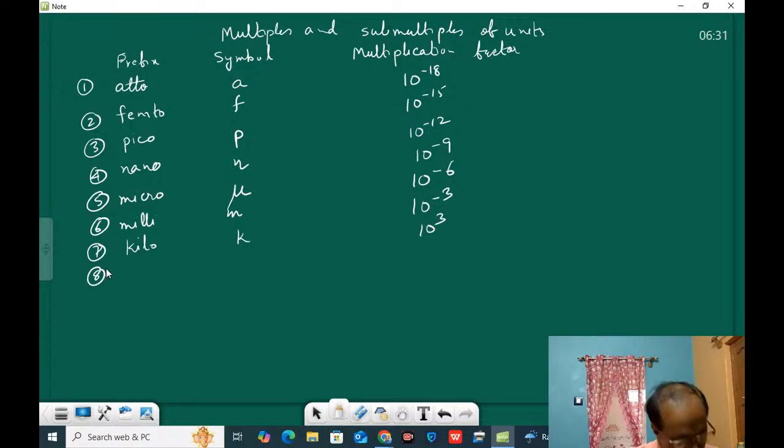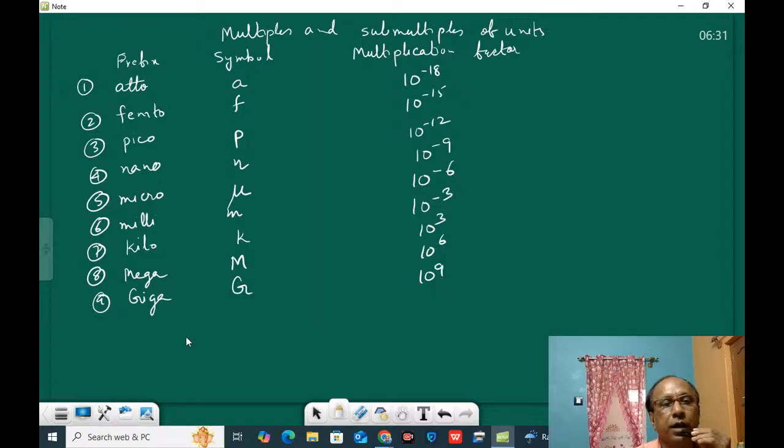After kilo, we have mega, and the symbol is capital M, and it is 10 to the power 6. After that, it is giga, represented by capital G, 10 to the power 9.